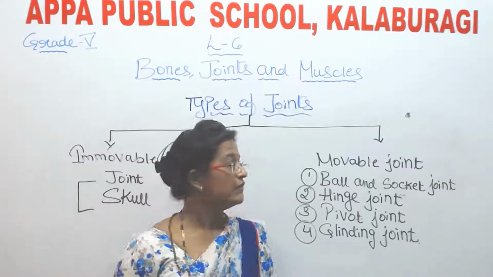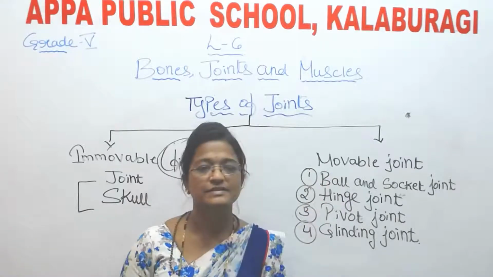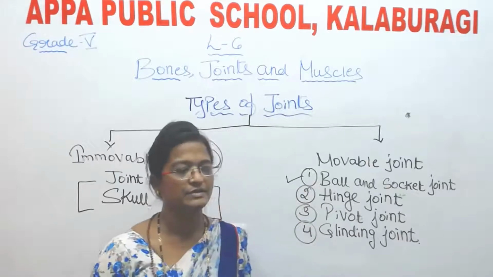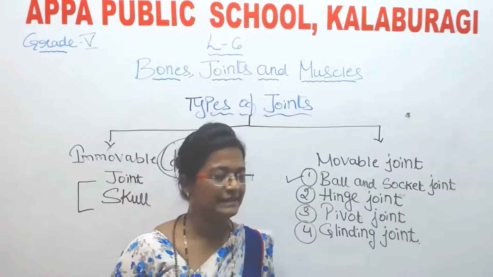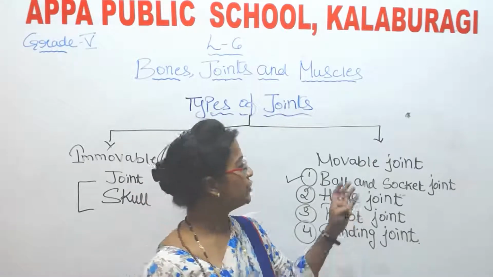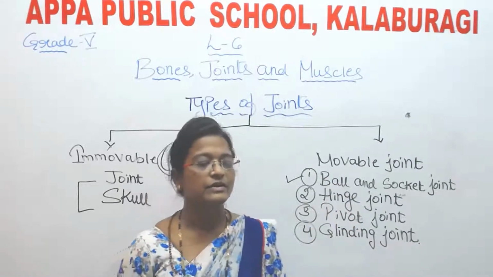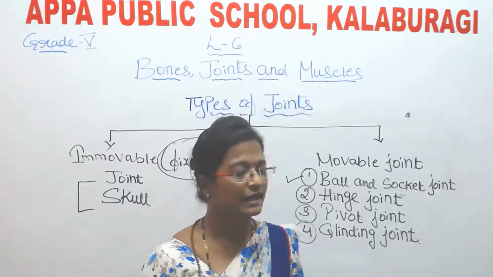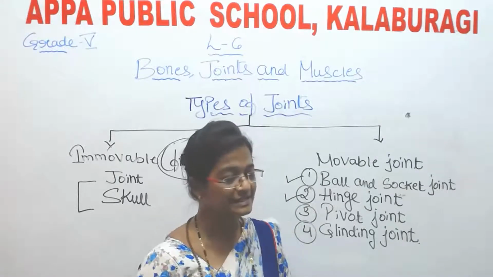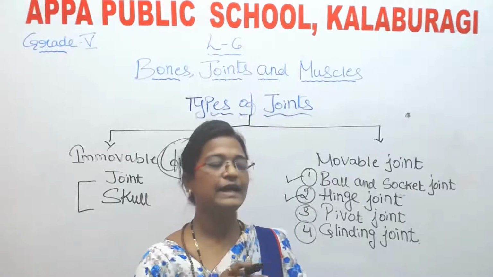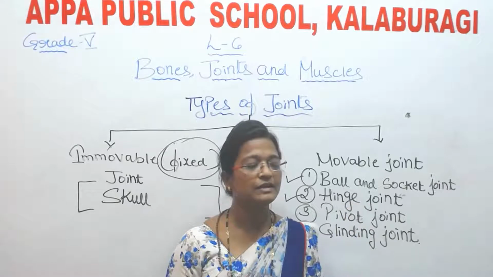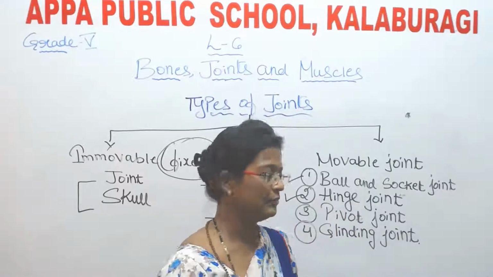So now, where do we find all these joints? Where do we find the ball and socket joint? Exactly, in the shoulder and in the hip. Where do we find the hinge joint? Yes, knees and elbows.